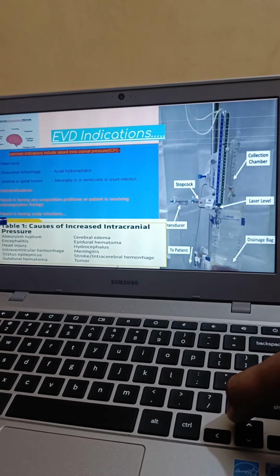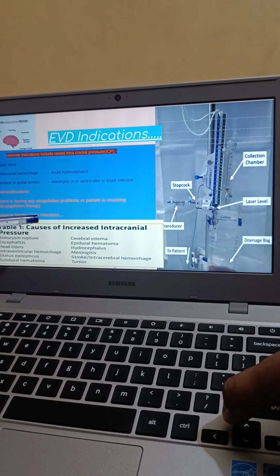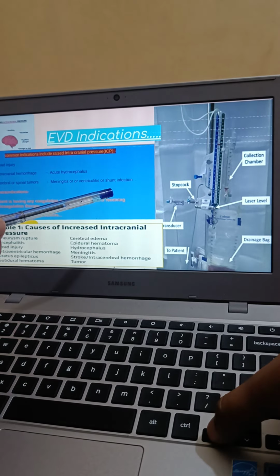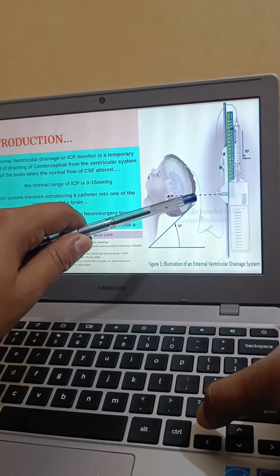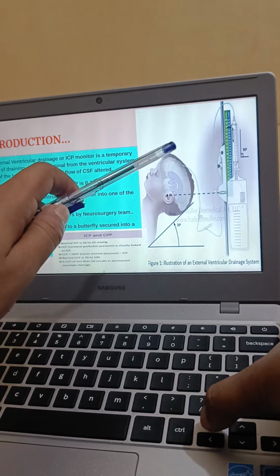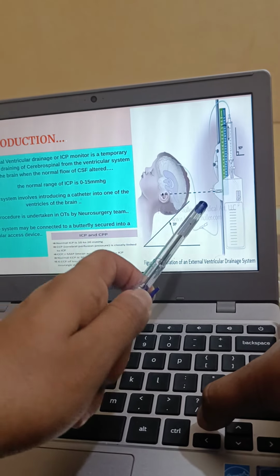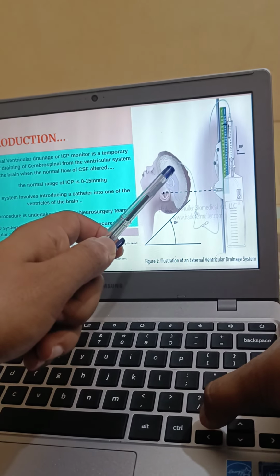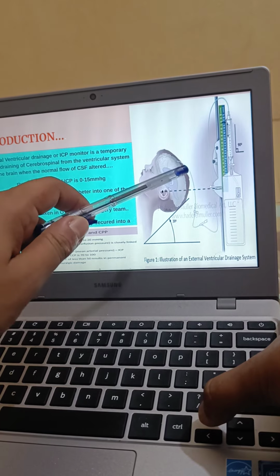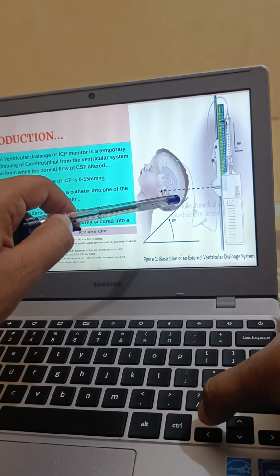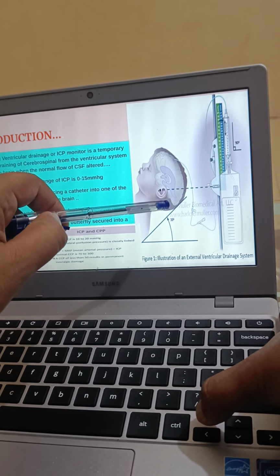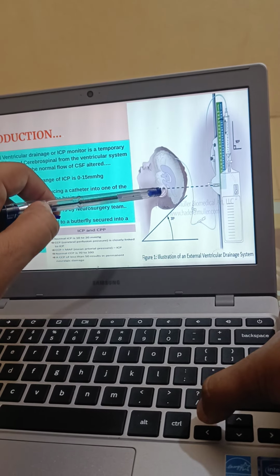Then if the patient has a scalp infection, because the brain is the most delicate thing, if even a minimal infection enters, it will cause devastating changes, and healing of that infection in the brain is very poor.